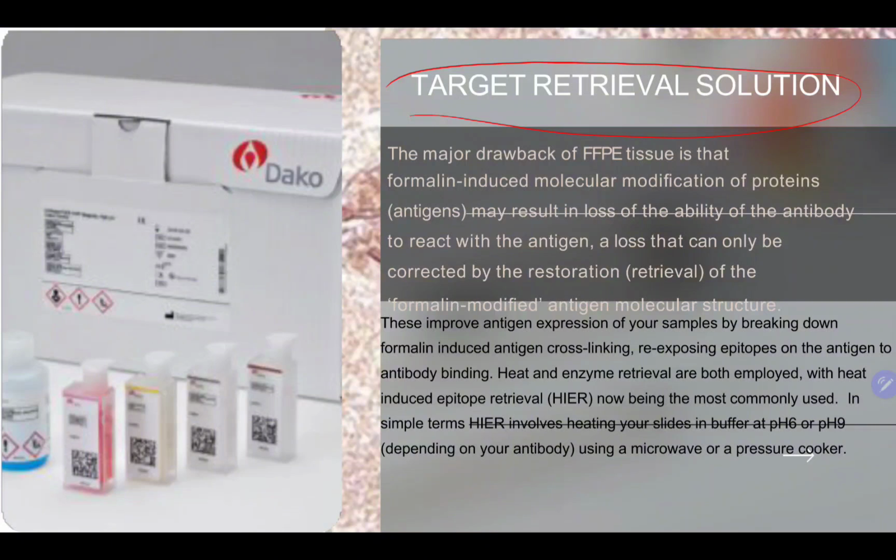So ito yung tinatawag natin na HIER or the heat-induced epitope retrieval. So ito yung most common po na gina-perform, itong heat-induced epitope retrieval kapag hindi po available yung target retrieval solution. Okay? So ito siya magawa to siya guys sa microwave or inside pressure cooker.